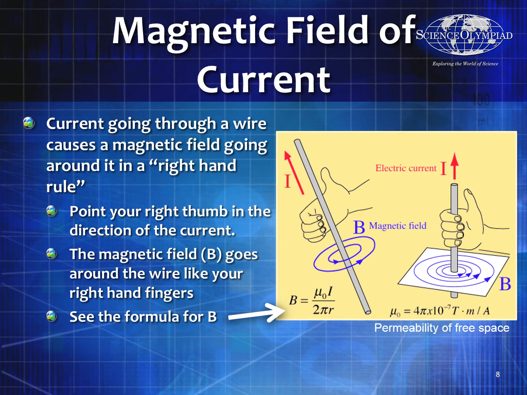You'll notice that it drops off as 1 over r, not 1 over r squared. The permeability of free space is the permeability of air or vacuum, and it's equal to 4 pi times 10 to the minus 7 Tesla times meters divided by amps. You'll notice that in this case, B would be in Teslas.